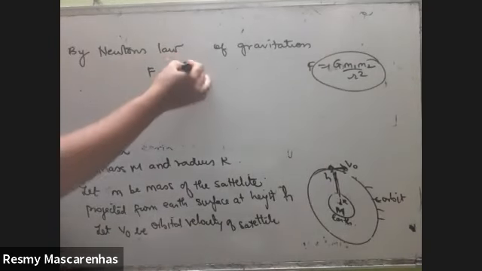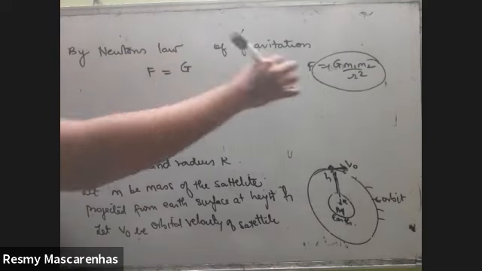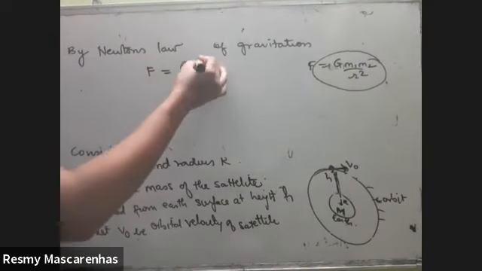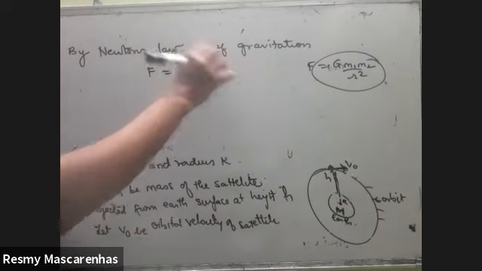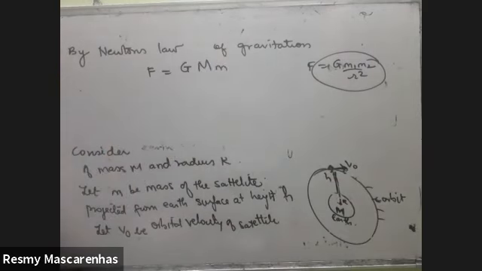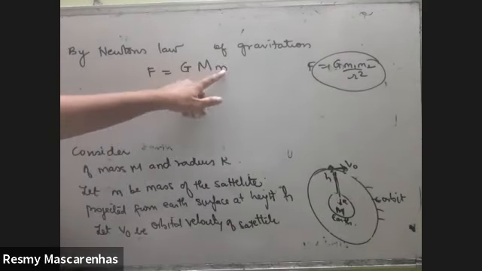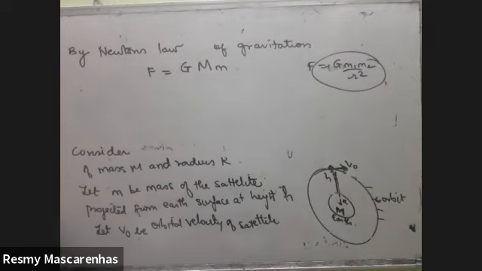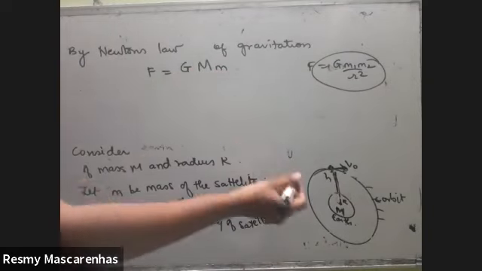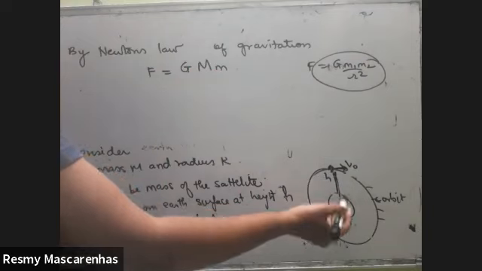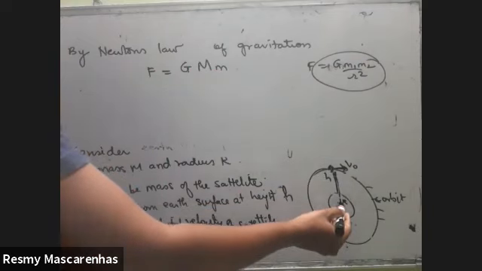G is anyways the gravitational constant. If you are taking the mass of the earth, one will be capital M and the other one will be of the satellite. One mass is of the earth, the other one is of the satellite. And now r is nothing but the distance between the two bodies, always measured from the center.